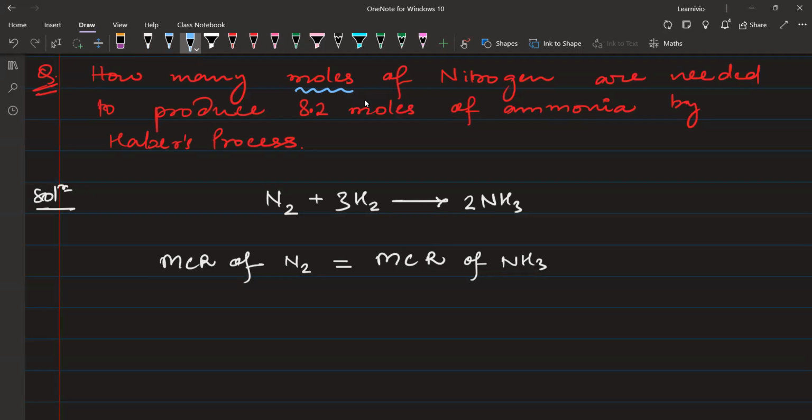You don't need the molar mass of nitrogen, you don't need the molar mass of ammonia. ऐसा नहीं कि रटा रटा W by M निकाल रहे हैं, W by M नहीं निकालना. करिए, जल्दी करिए. Sir, it will be moles of N2 by coefficient is equal to moles of NH3 by coefficient.